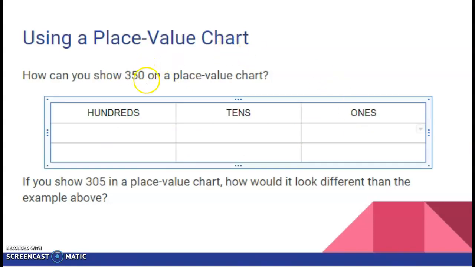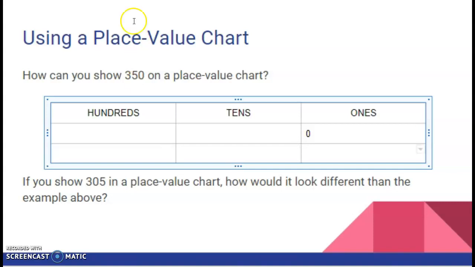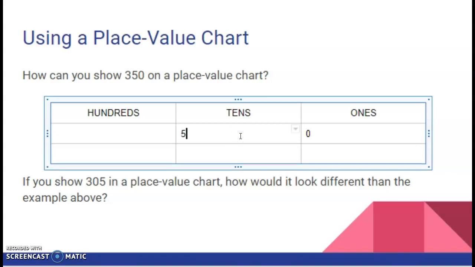If you're looking up here at this place value chart, this first digit on the right is the ones, and we have a digit of 0 there, so it's going to be 0. In the tens place, we have 5. And in the hundreds place, we have a 3.